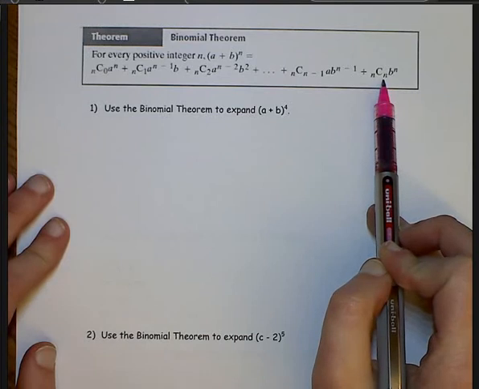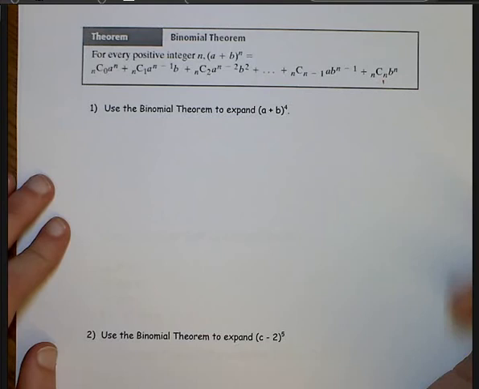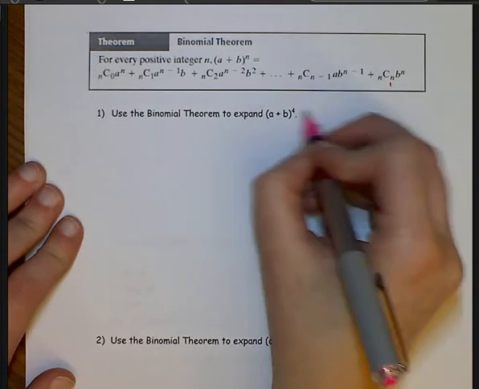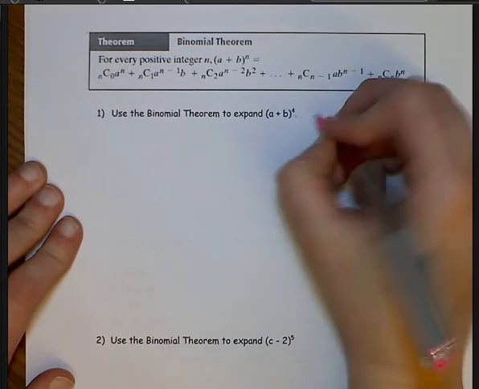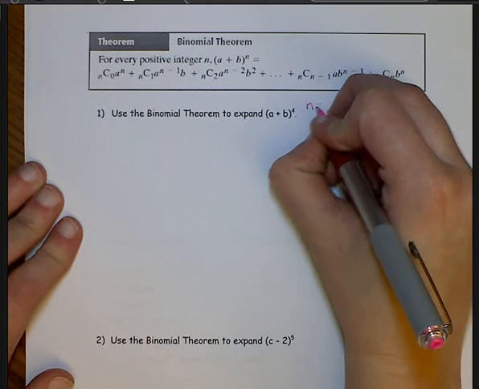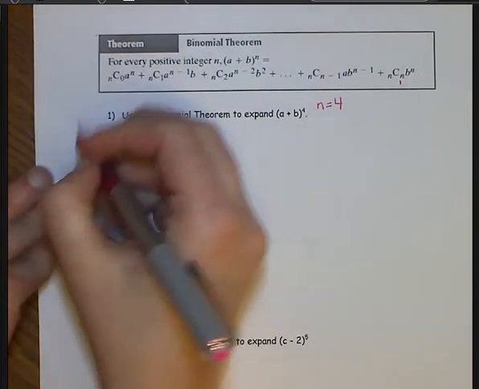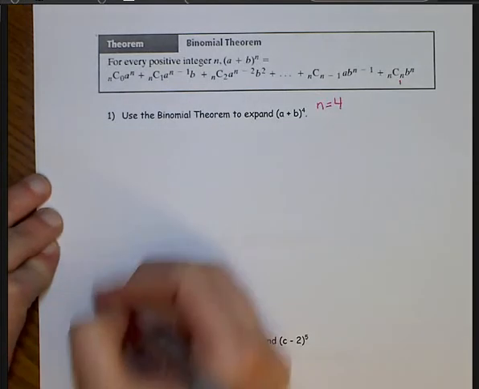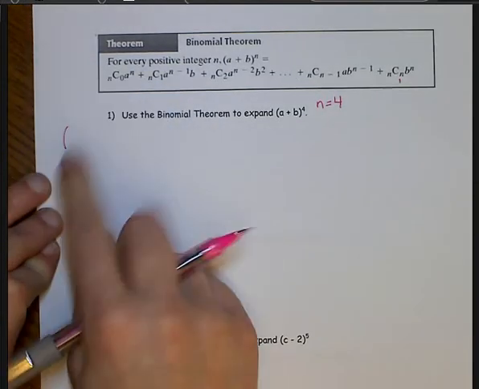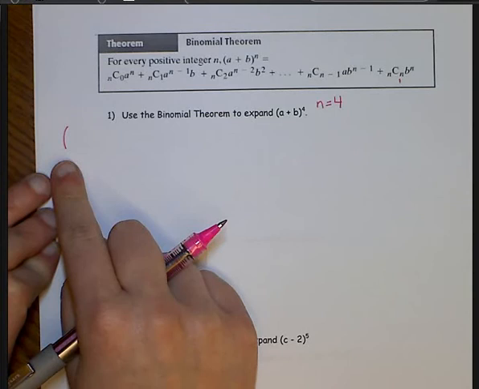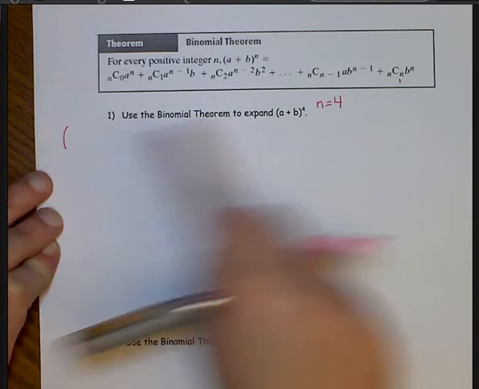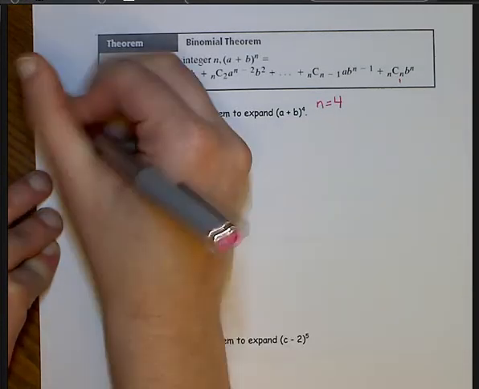Okay? So how we're going to write this is I'm going to start by looking at my exponent. My exponent here is 4, so I'm going to put a little note here that says n equals 4. And I'm going to list this going down. So I'm going to start writing it in parentheses, saying my first term, I'm going to use 4 choose 0.